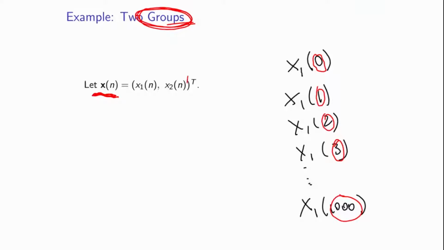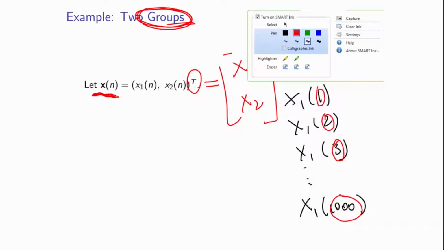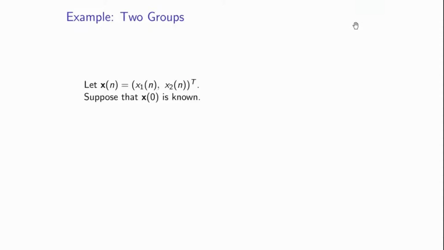And don't worry too much about this notation here. This means transpose. So this means that this vector here really means x is x1, x2. Okay, so it is a column vector instead of a row vector. So suppose that we're gonna revisit this example. Suppose we have two population sizes we're interested in.